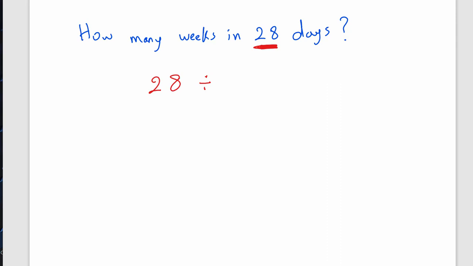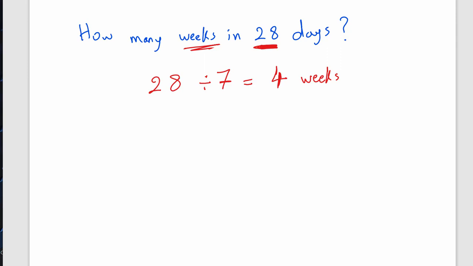Oh, yes, 7, because how many days in the week? 7 days, and the answer is 4. For what? For weeks. Excellent, Ahmed. Great work, Ahmed.